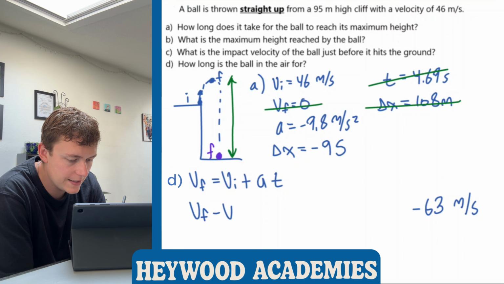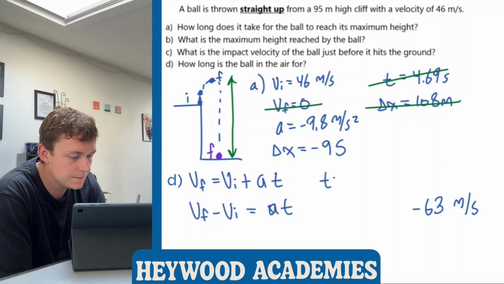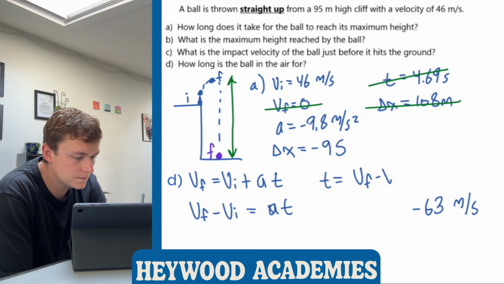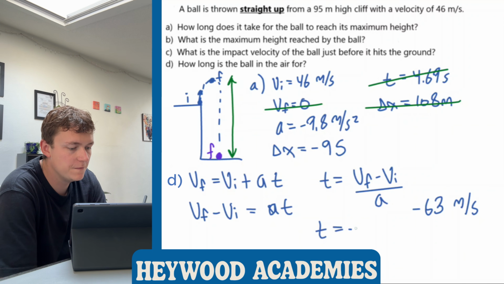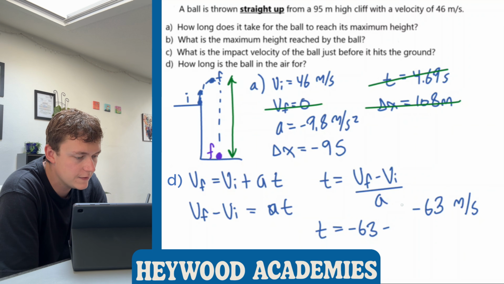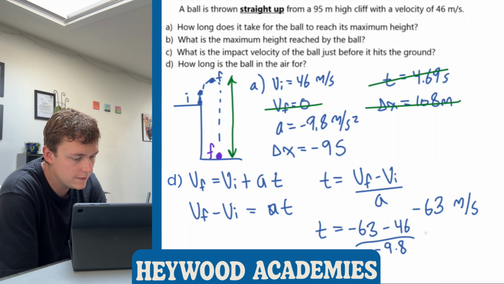So we can go V final minus V initial is equal to AT, and then divide both sides by A. V final minus V initial over A, and then we can plug in our numbers. So V final was minus 63, V initial was positive 46, and our acceleration is negative 9.8.